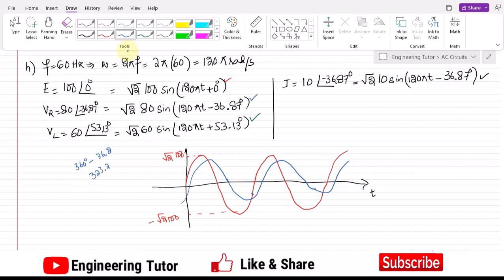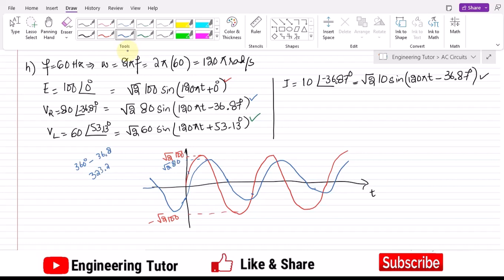The amplitude it will have will be square root of 2 times 80. Okay, so that is for the V of R.